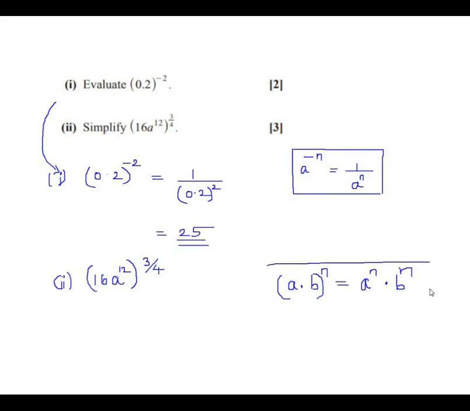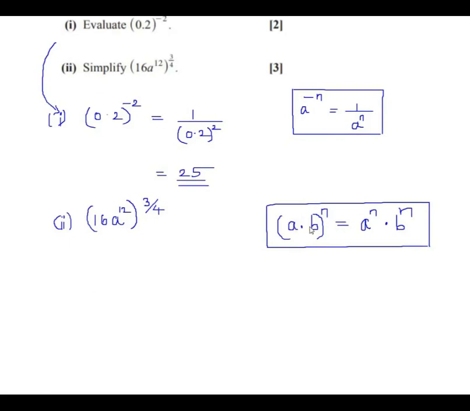So this is the rule we have used for this question. Now let us see how we are going to implement it. Here, a times b to the power of n. 16 times a to the power of 12 raised to the power of 3 over 4.